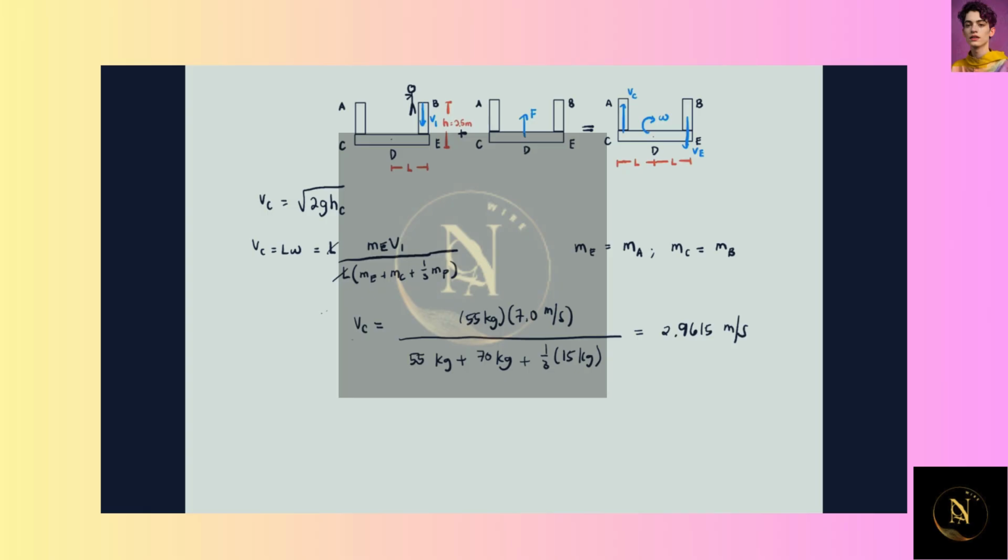Now, solving for HC, HC is equal to VC squared over 2g, so that would be (2.9615 meters per second) squared over 2 times 9.8 meters per second squared. So this would give us 0.447 meter.